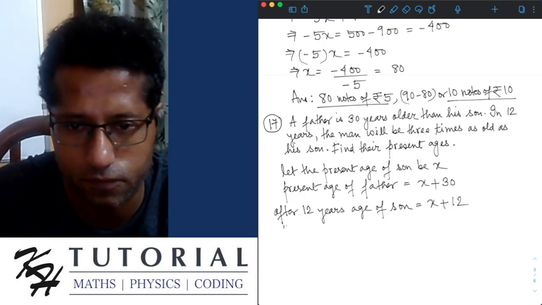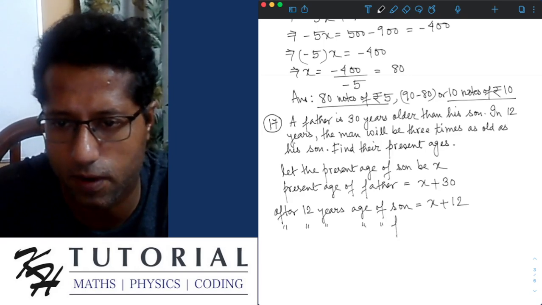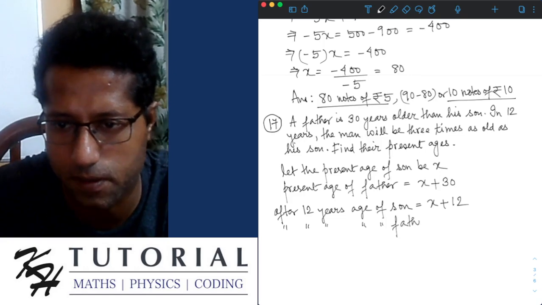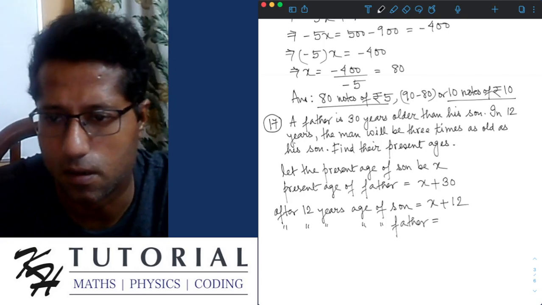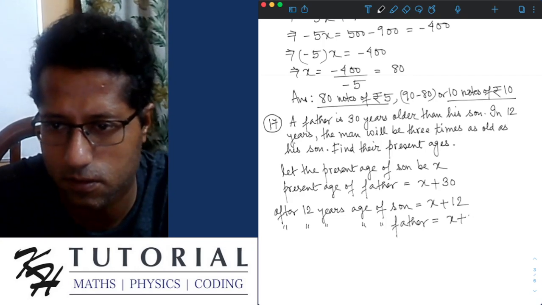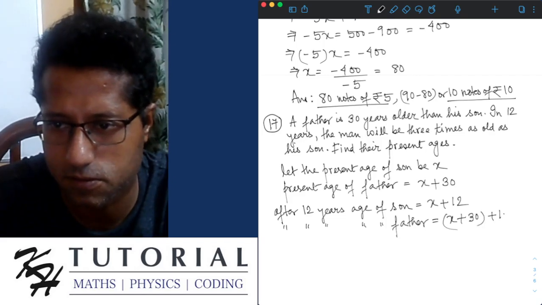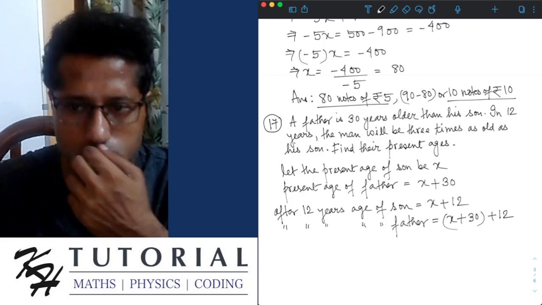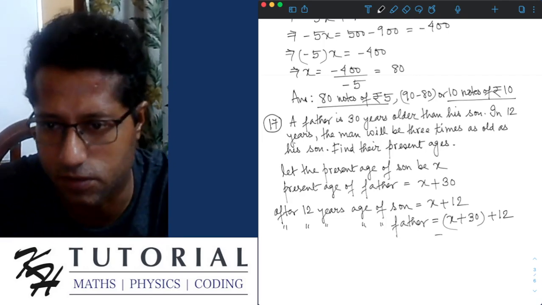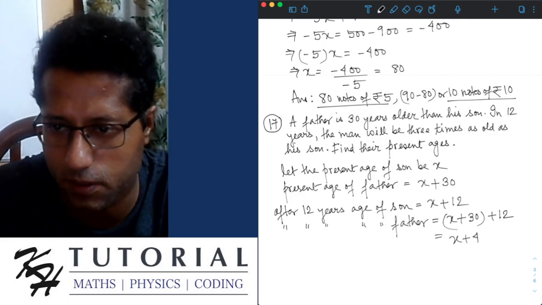Also after 12 years, age of father will be, present age of father is x plus 30, so after 12 years father's age will be x plus 30 plus 12, which, if we simplify it further, becomes x plus 42.